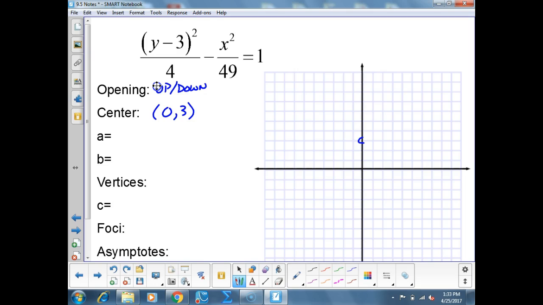What's my a value? 7. 2, 4, 6, 7. Then what? b value? How much? 2.